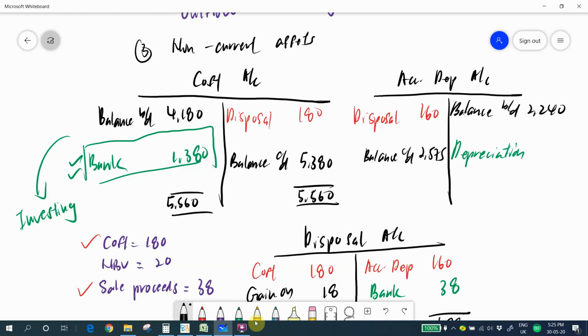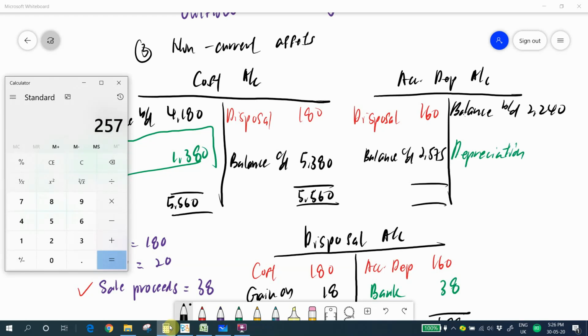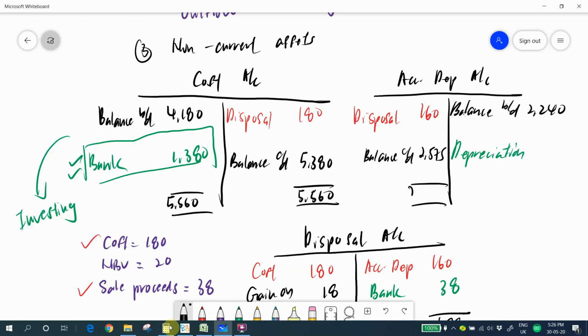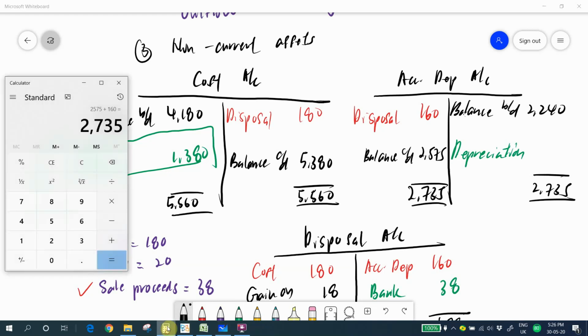So we tally the debit balance first. 2575 plus 160, so we get 2735. So on the debit side, the credit side will be 2735 as well. So the balancing amount will be 2735 minus 2240, so we get 495.